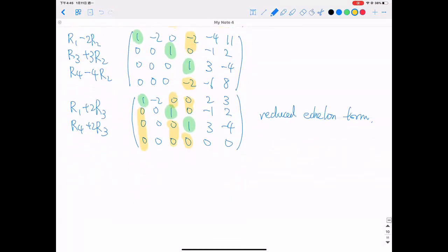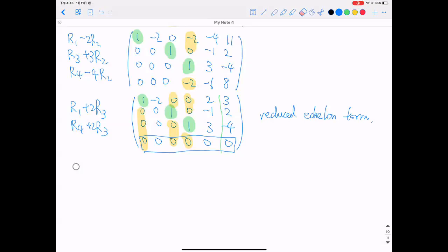Now, the next thing to do for the purpose of solving the linear system is to convert this matrix back to a linear system. For this, we should remember that this is supposed to be the augmented matrix. So the last column is the column for constants. And over here, you see that the bottom row, row 4, is a 0 row. So that'll just give you an equation 0 equals 0, which you can ignore because that does not contain any information.